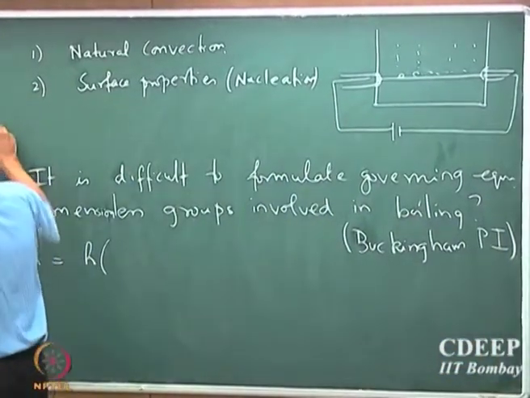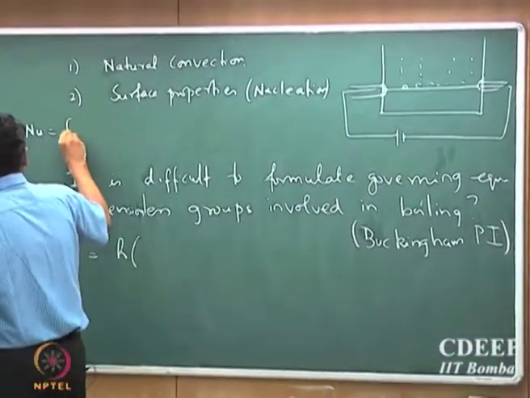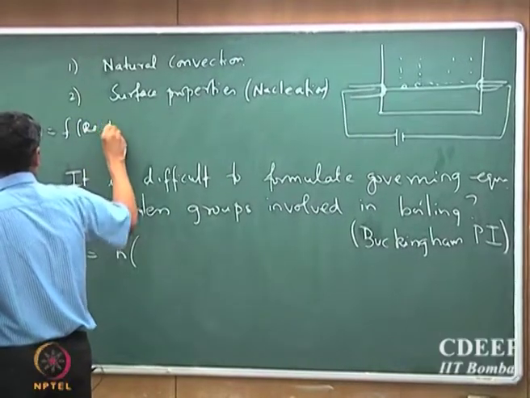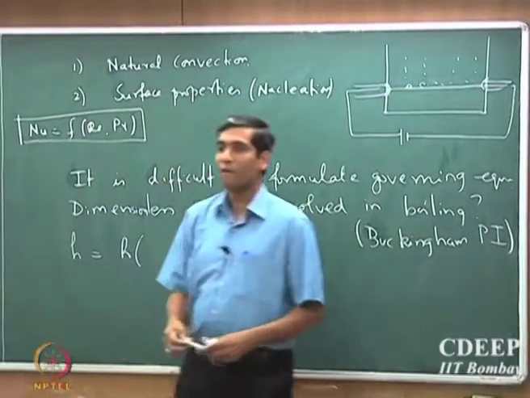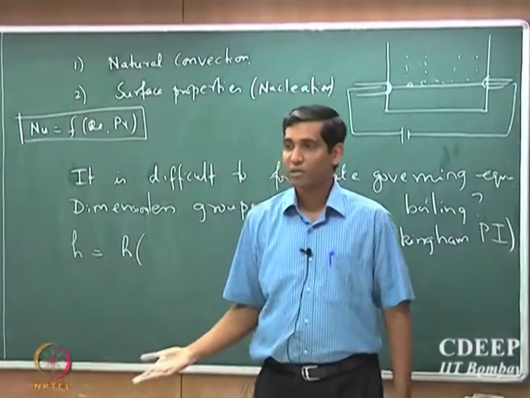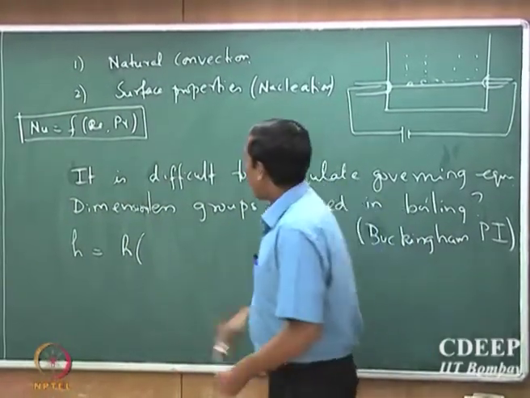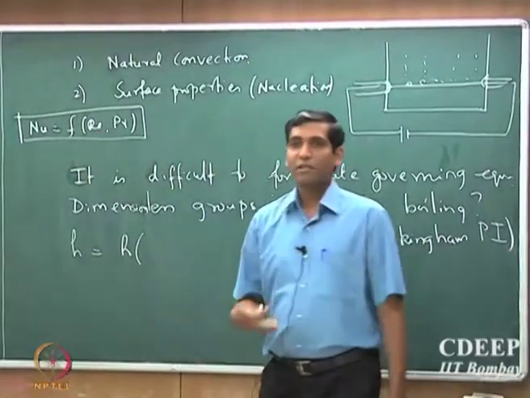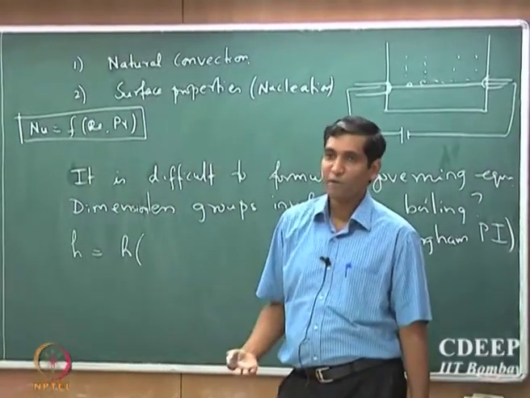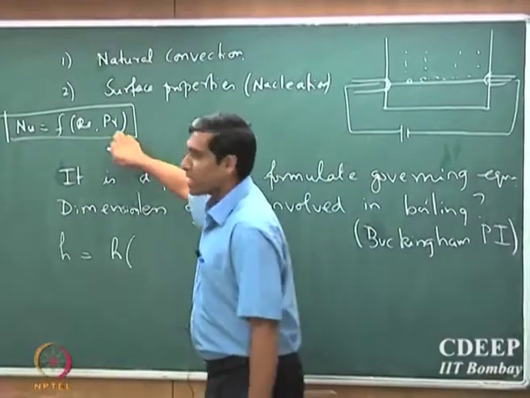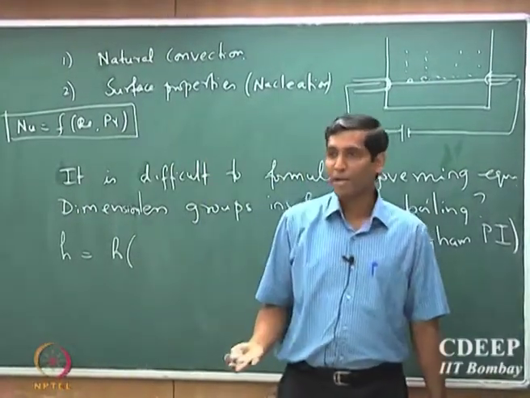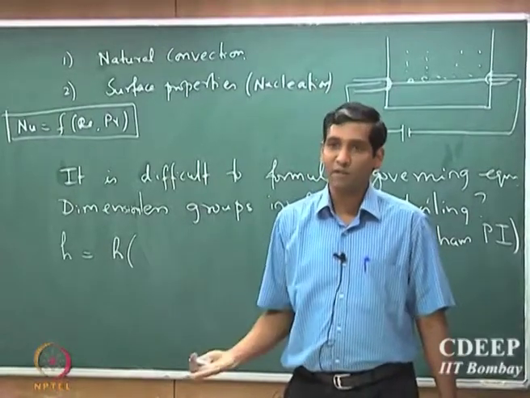For a general system, you always found the Nusselt number is some function of Reynolds number and Prandtl number, right? This is what we found for all the systems we have looked at so far. The Reynolds number uses the properties of the fluid and captures the momentum boundary layer behavior, and the Prandtl number captures the thermal boundary layer behavior based on the properties of the fluid.